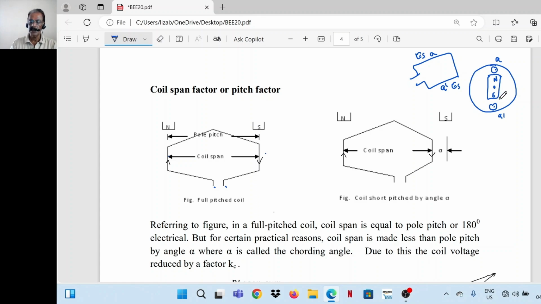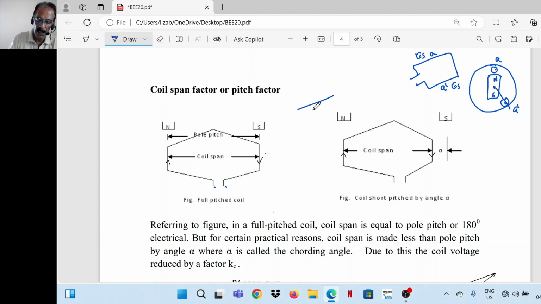But in case coil side A dash is not 180 degrees apart, but slightly less, say 20 degrees less, or less by some angle, then the EMF induced in coil side A and coil side A dash will have an angular difference between the two.